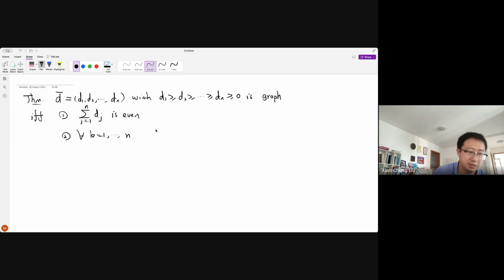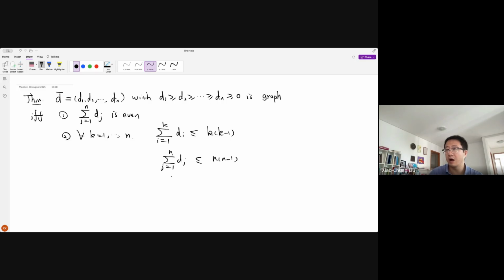So let's write it: the sum from i from 1 to k of di is smaller or equal than k times k minus 1, plus the remaining terms. If I put n here, this is the sum of all degrees, and this guy is n times n minus 1. So this is clear.